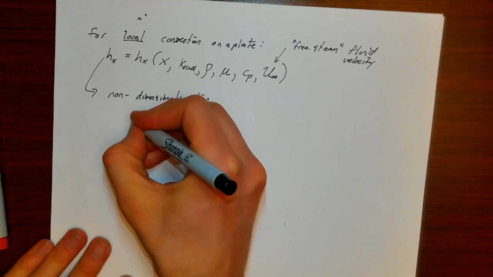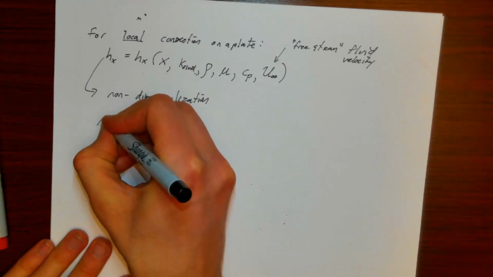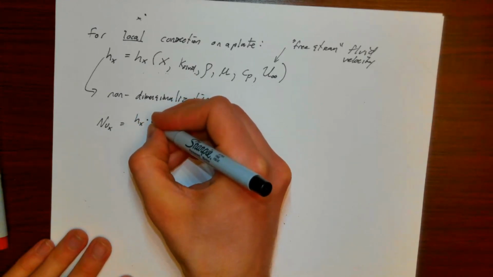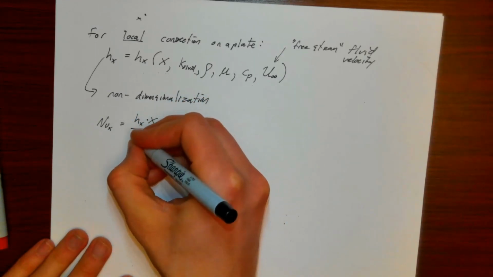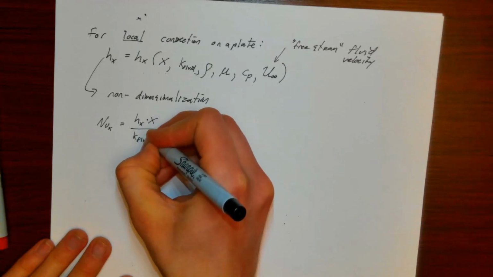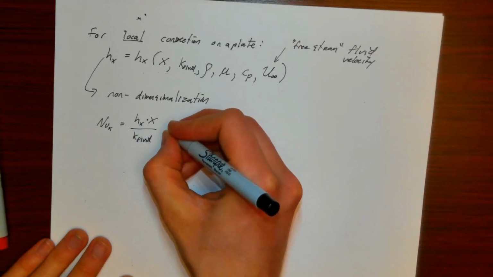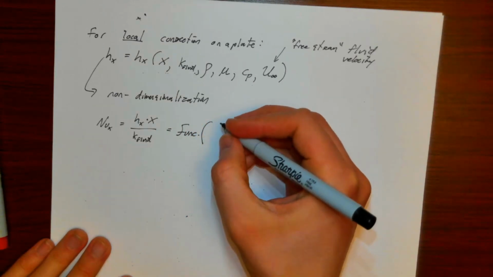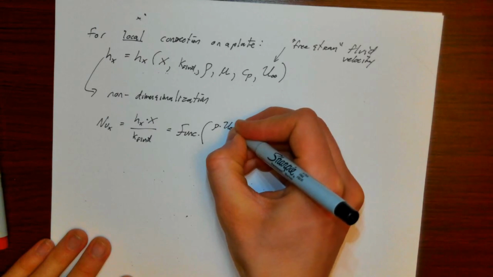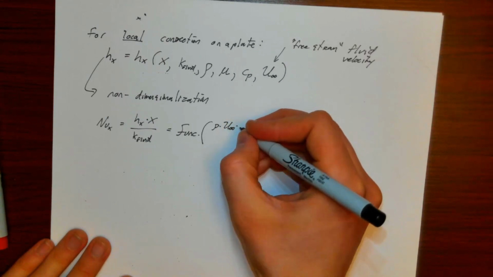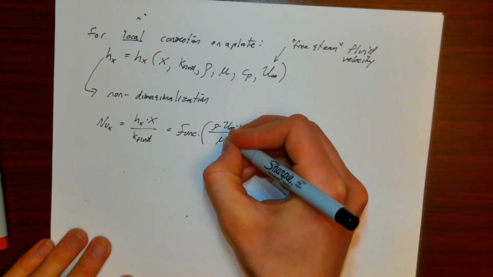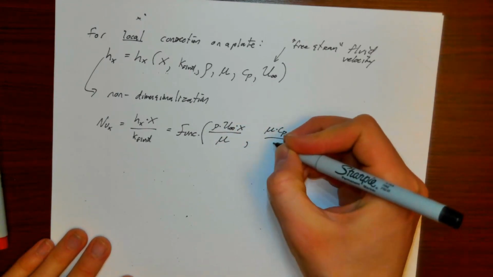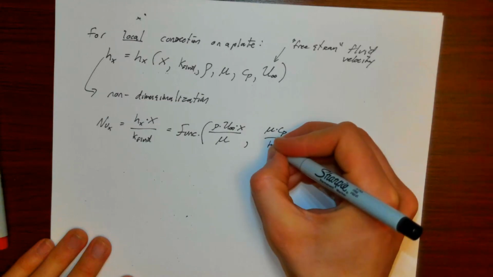And you can basically say Nusselt number sub x is equal to h sub x times x over k of our fluid, and this is some function of rho times u infinity times x over viscosity, and also of mu times Cp over the thermal conductivity of the fluid.